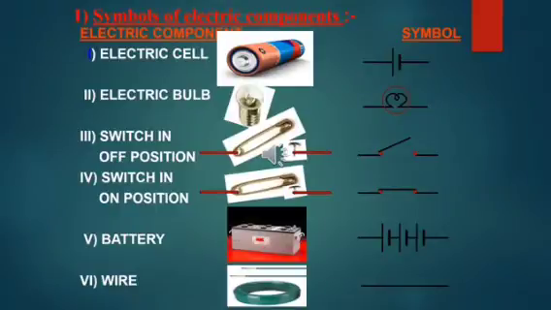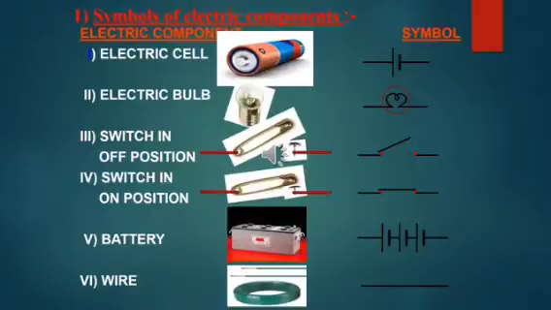So the things that were given to you, say the cell, the wire, the bulb, are all the components that are required to make an electric circuit. Now these components are given certain symbols. You have to identify them with symbols and make use of them when you're drawing an electric circuit.